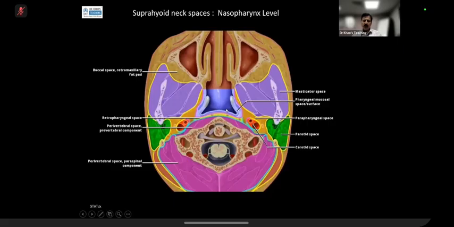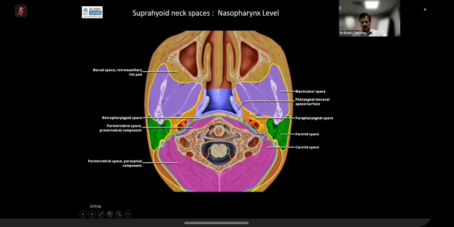But when we talk about the space concept, the inner mucous membrane is known as mucosal space. So you should not be confused by the terminology. Whether you call it nasopharynx or pharyngeal mucosal space, it's the same thing.